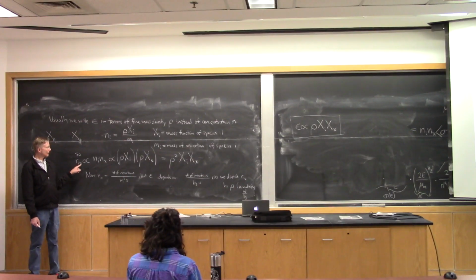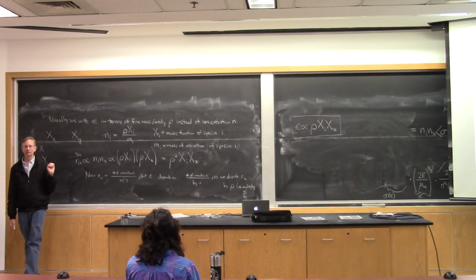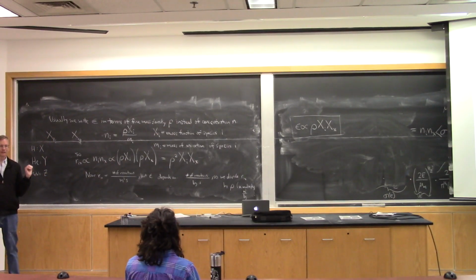Why should Rix be proportional to Ni times Nx? In other words, if I were to double the number of x nuclei per cubic meter, I get twice as many nuclear reactions of the type we're talking about per cubic meter. Intuitively, why should doubling the number of target nuclei per cubic meter double the reaction rate?